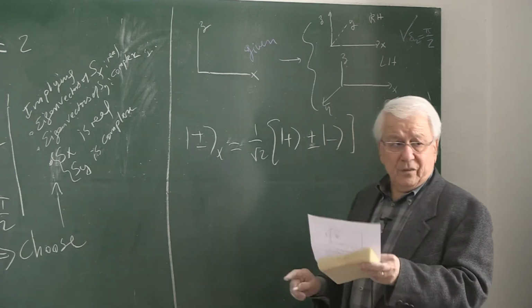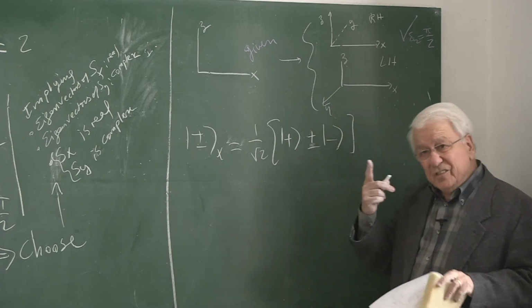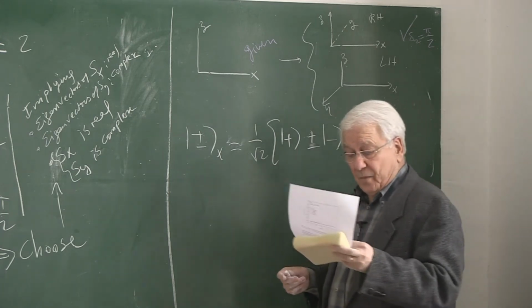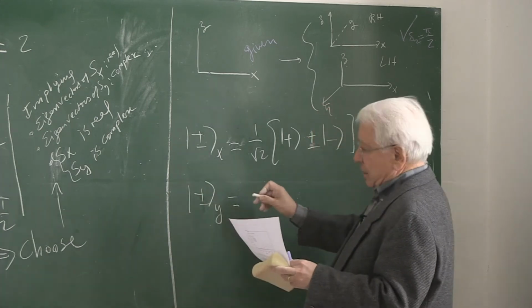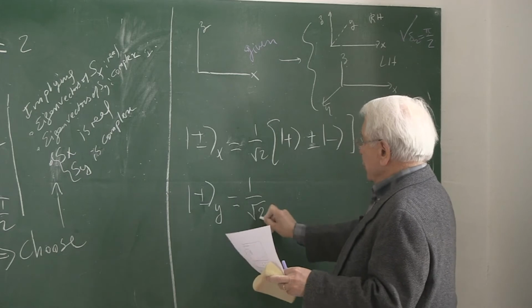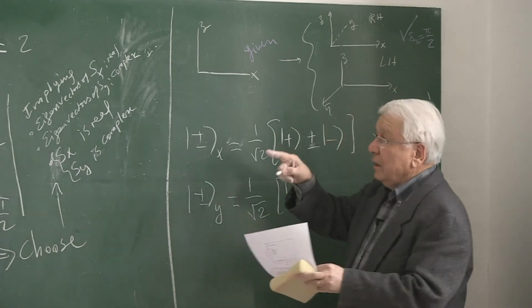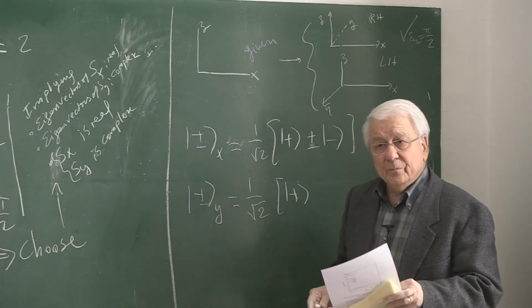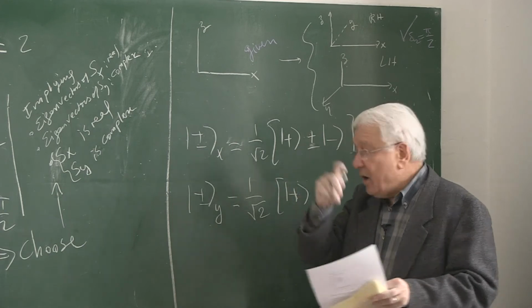Remember, when you drop the subindices, the default ones are z bases. And the plus minus y: 1 over square root of 2, plus e to the i delta 2. Delta 2 is pi over 2. E to the i pi over 2 is i.